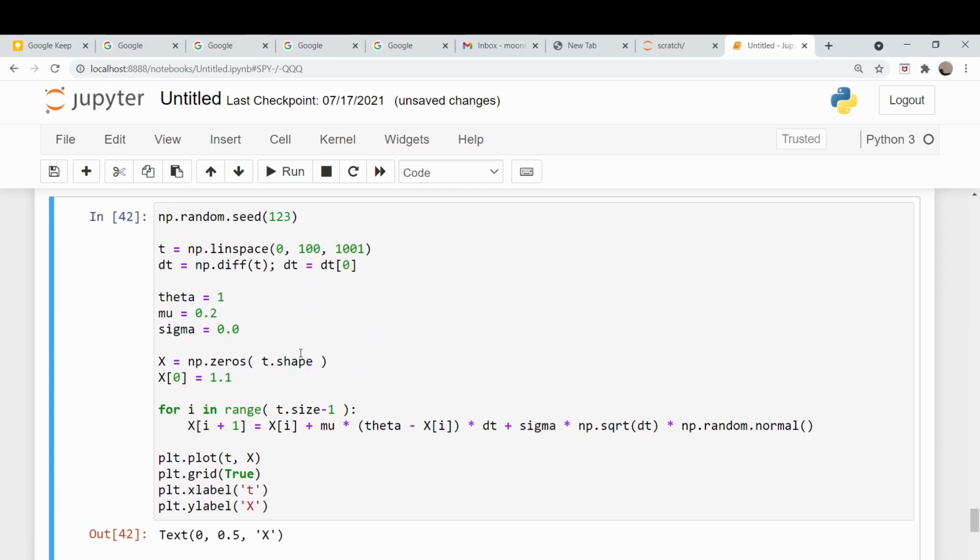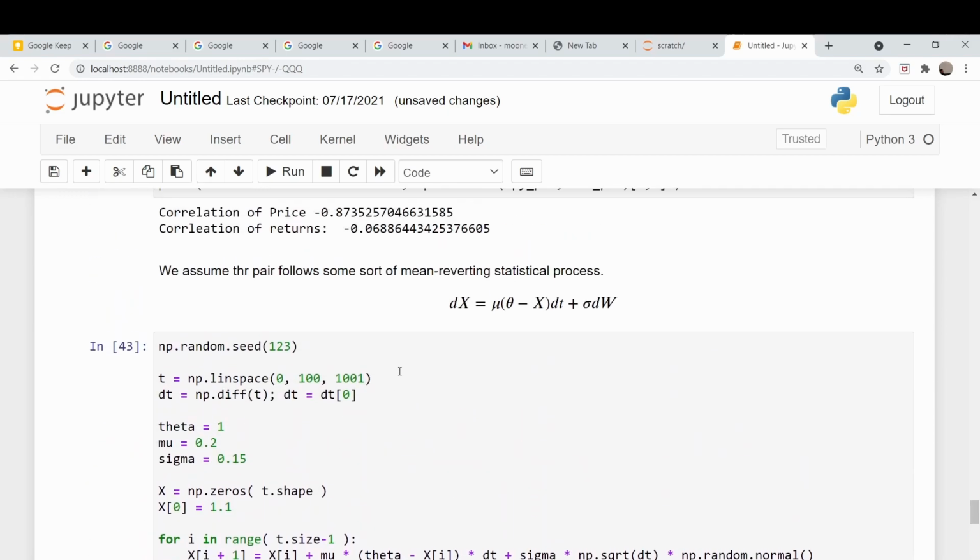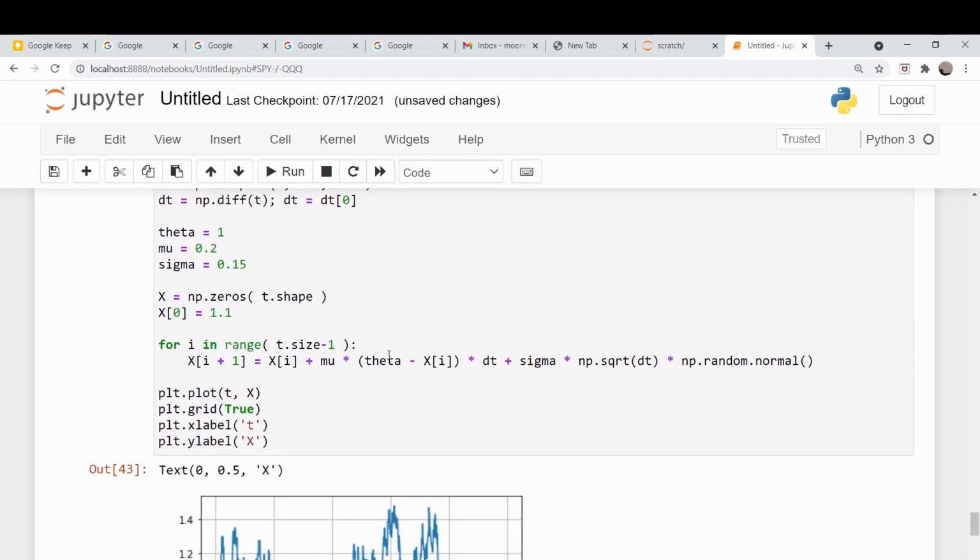So in general, we're going to assume that our pair follows this type of statistical behavior, and as such, as it gets far away from whatever that mean is, that value of theta, we're going to assume that it's going to be pulled back towards the mean. In the next video, we're going to go through and show how to calculate mu, theta, and sigma for this type of statistical process.